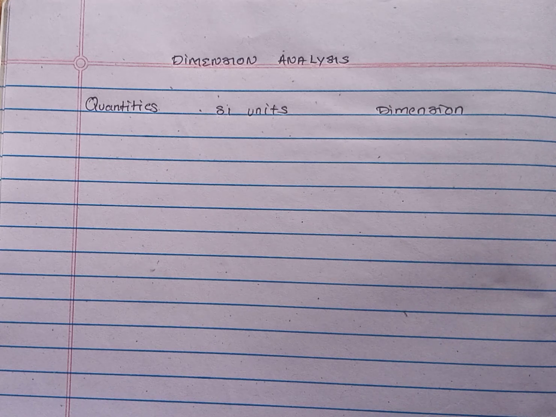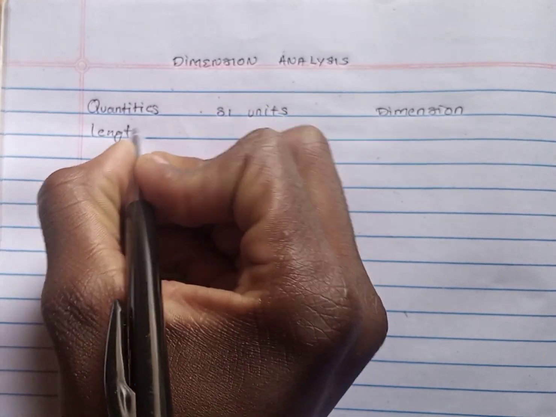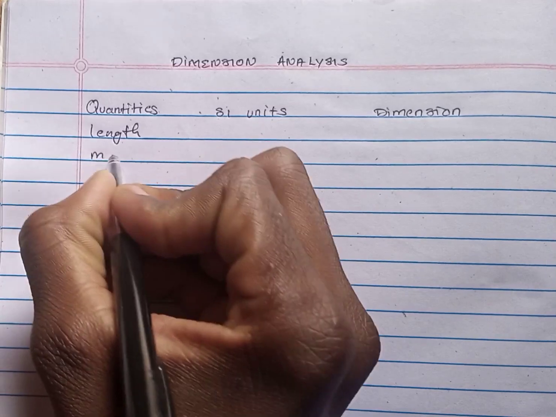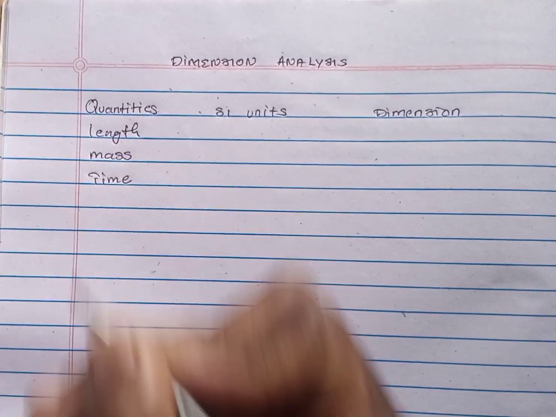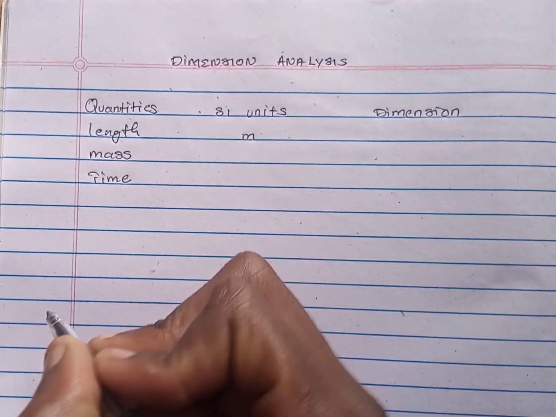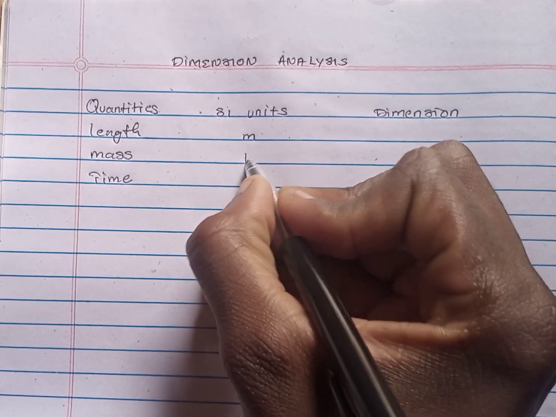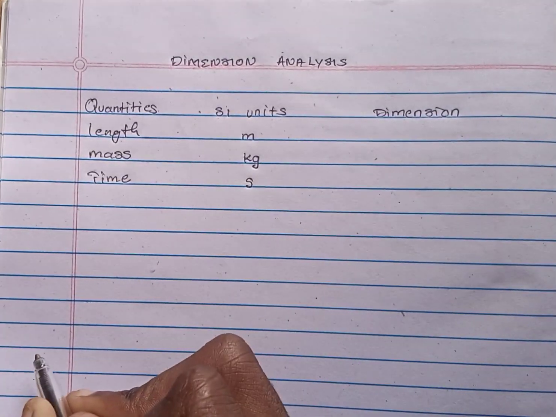These quantities whose dimension we have to know are length, mass, and time. Length is measured in meters, mass is measured in kilogram, and time is measured in seconds.